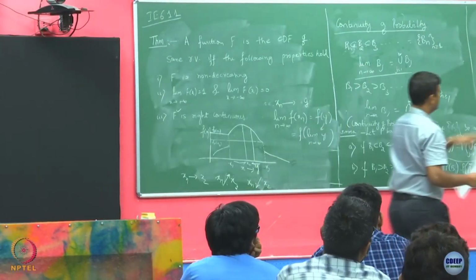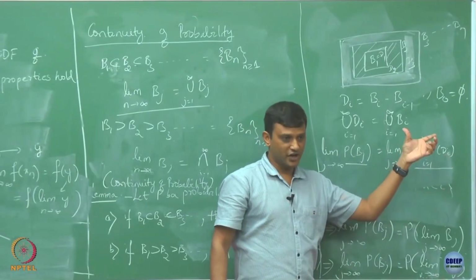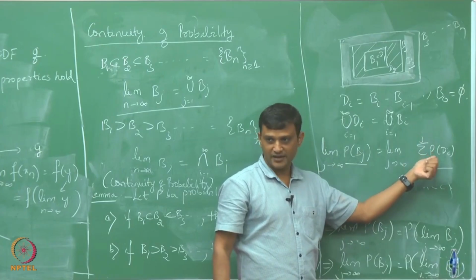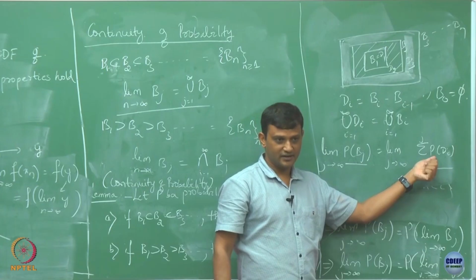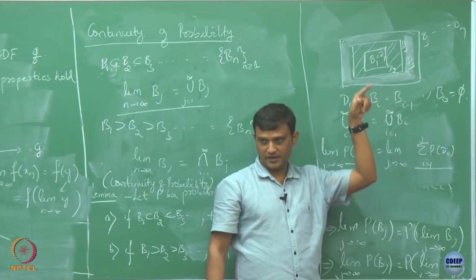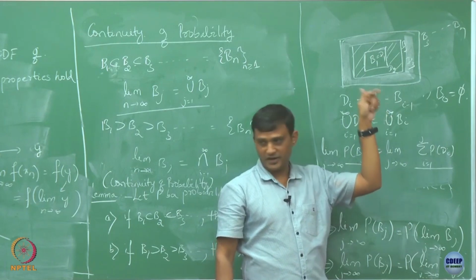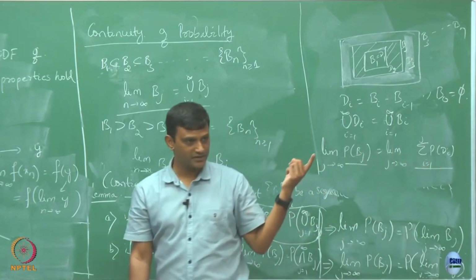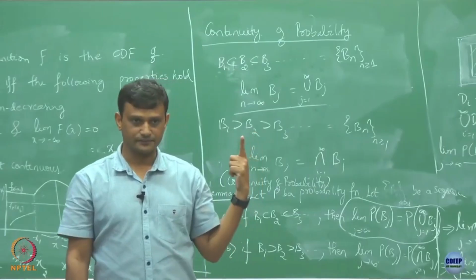Because Bj can be represented as union of Di's and they are disjoint. And from the property of Di's, I know that the finite additivity property is satisfied, right? The probability of union of Di is nothing but summation of probability of Di's. That's exactly what I applied. So this was one of the properties or axioms that we assumed P should satisfy.